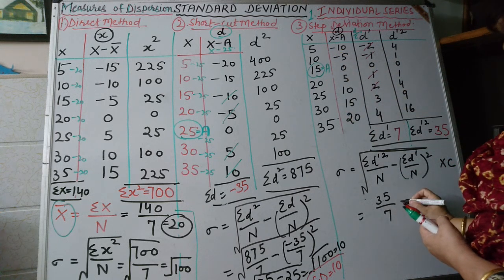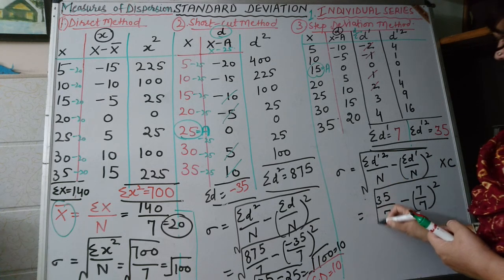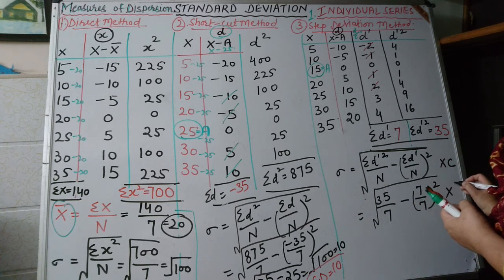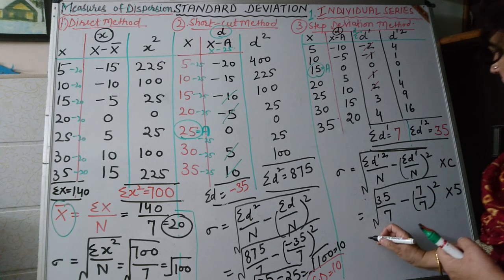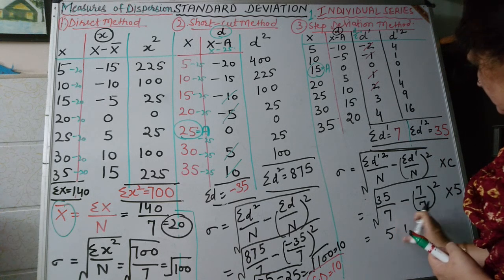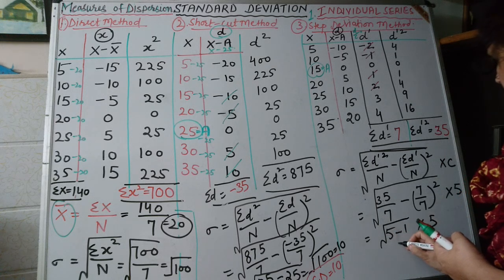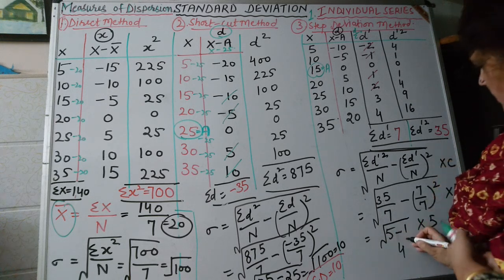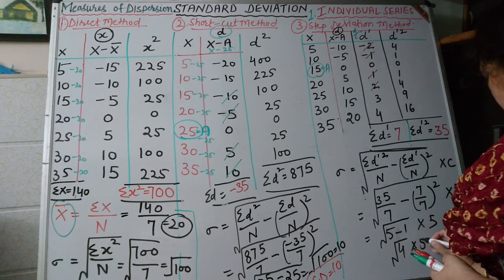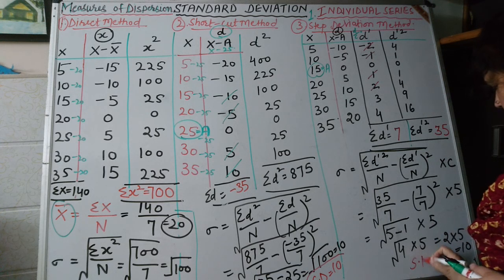The value of n is 7, minus sigma d dash, that is 7, divided by 7 whole square, whole under root, multiplied by the common class interval we have taken, 5. That is 5 minus 1, under root 4, multiplied by 5, which is 2 multiplied by 5, equivalent to 10. So the value of standard deviation again is 10.